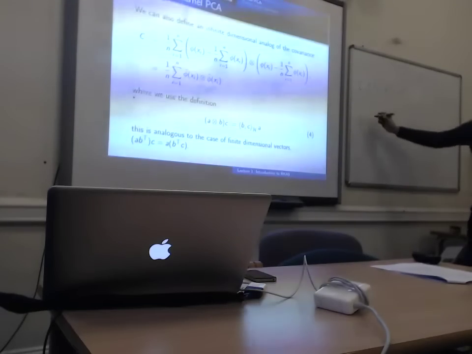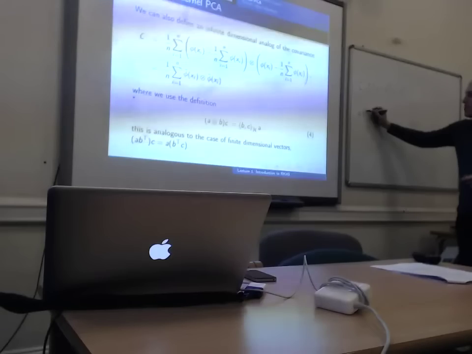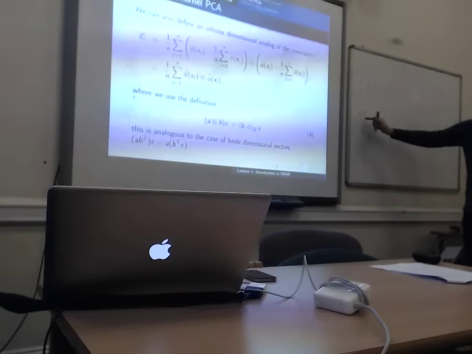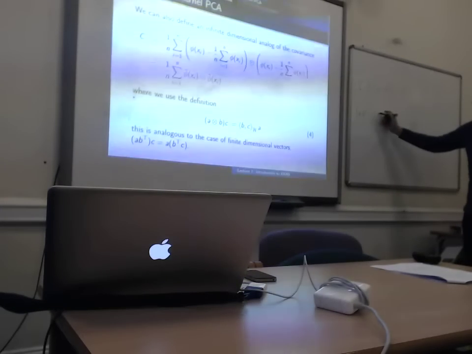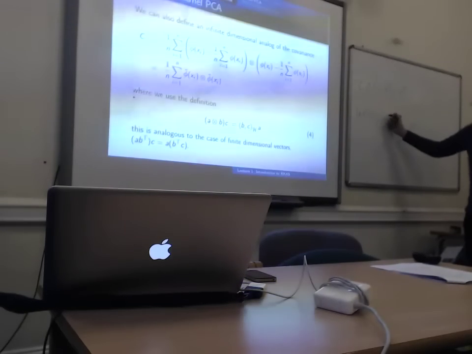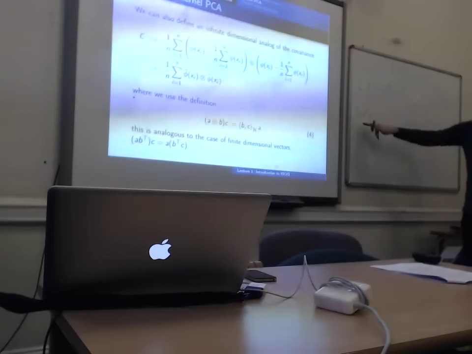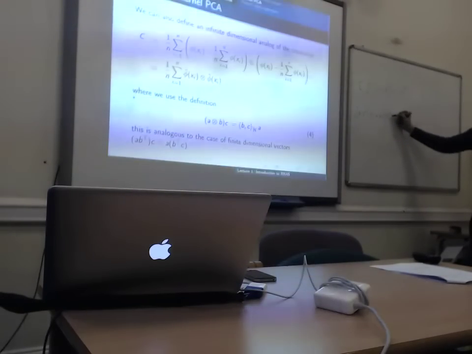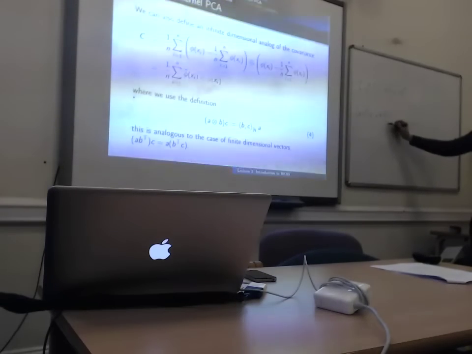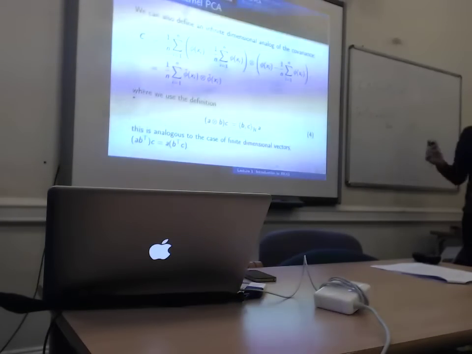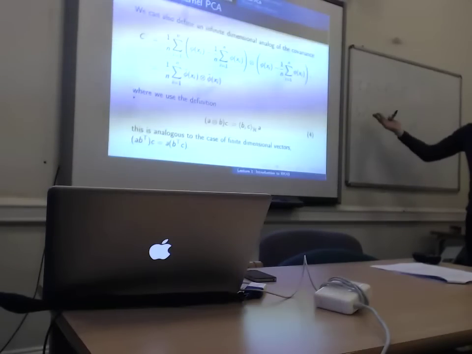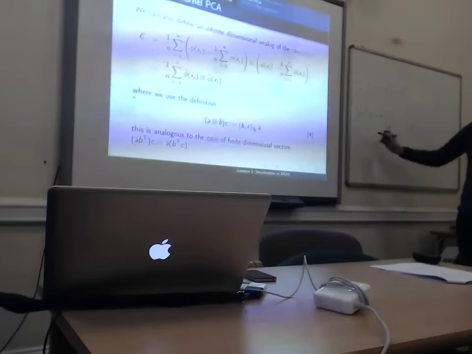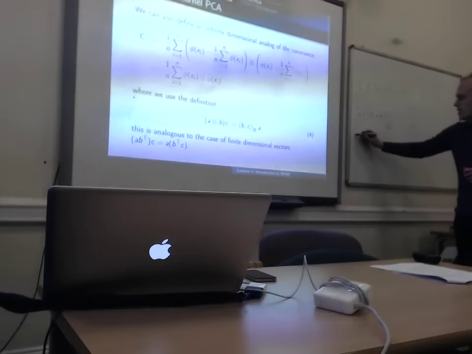So in linear algebra, if you have A B transpose, where A is a vector and B is a vector, this thing here is going to be a matrix, and you can multiply this matrix by another vector, C. Because you can choose the order in which to do these operations, I can just write that as A, B transpose C, and this is a scalar. So this is the notion of A B transpose in linear algebra. And you can do the same in feature space. You can define something which I'm going to write in feature space.